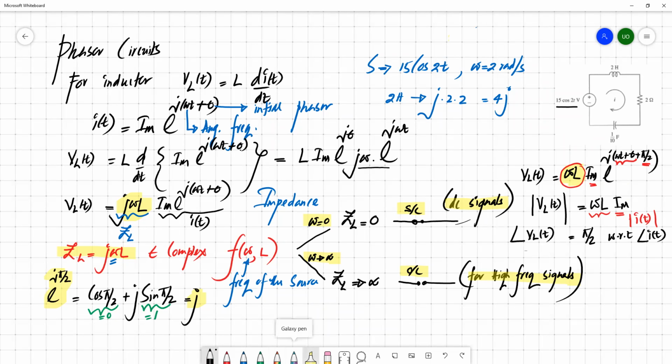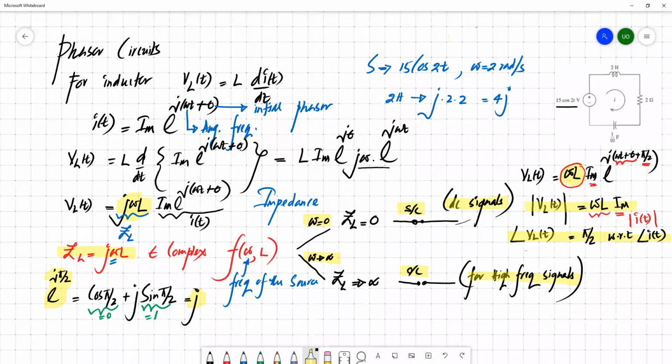By looking at this expression, we can simply say that the magnitude of the voltage is the product of omega L and the magnitude of the current. And the angle of this voltage is pi by 2 with respect to the angle of the current.